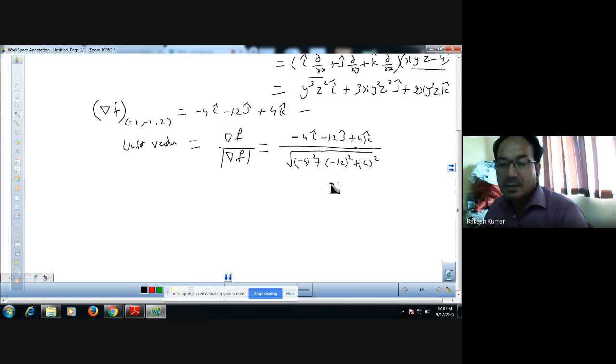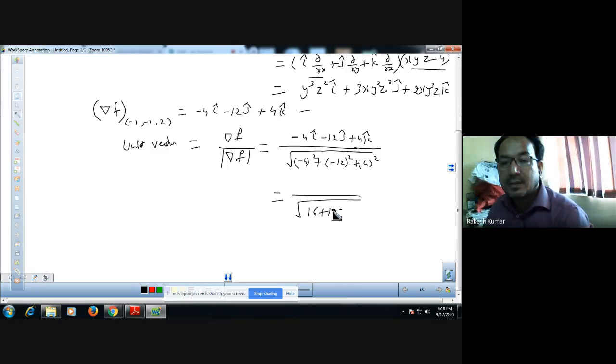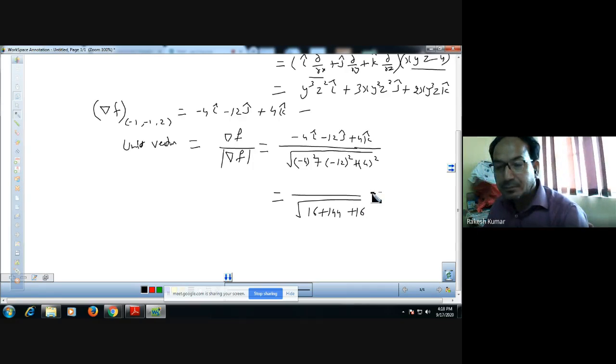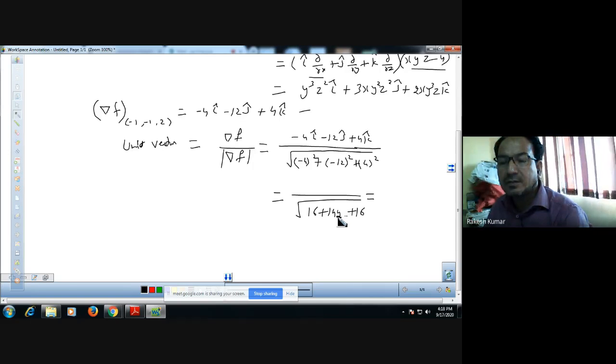If you simplify it, in the denominator we should have the square root of 16 plus 144 plus 16. So ultimately we are left with 32 and 144, which comes out to be 176.